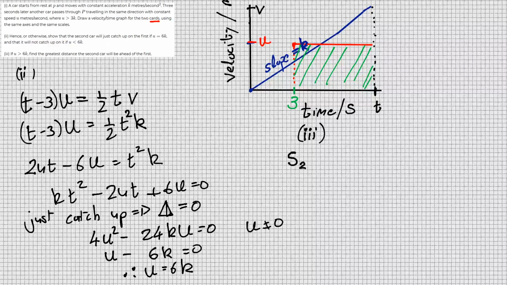Oh yeah, so if the u is greater than 6k, the second car will catch up with it, overtake it, but because the first car is accelerating, ultimately it'll fall behind again. So we want the furthest ahead the second car will be.